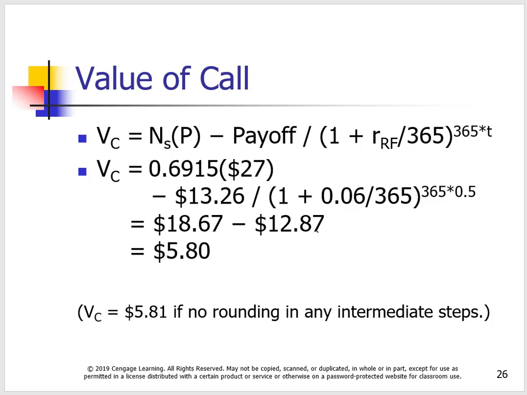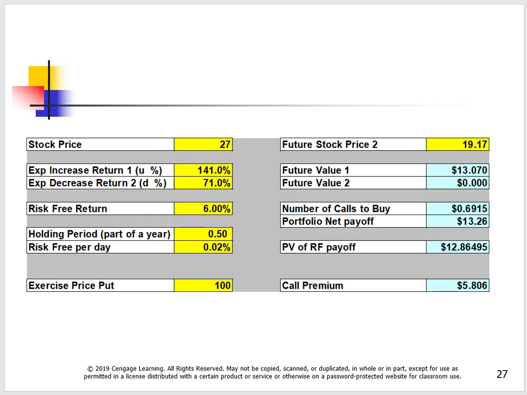We calculated that at $12.87. The value of this call is $5.80. Now, there is a spreadsheet that's available. Again, you plug in the information that you need, and then you find out the value: $5.81. So apparently the math works and the spreadsheet works. So that's how you would find the value of a call.